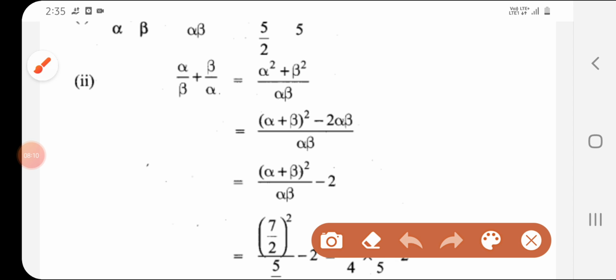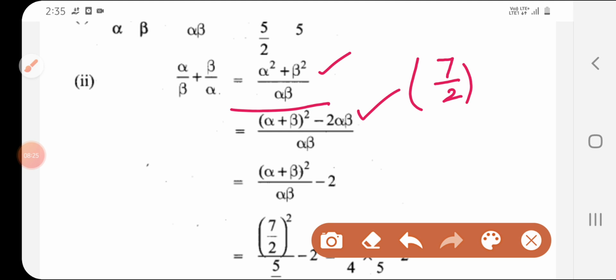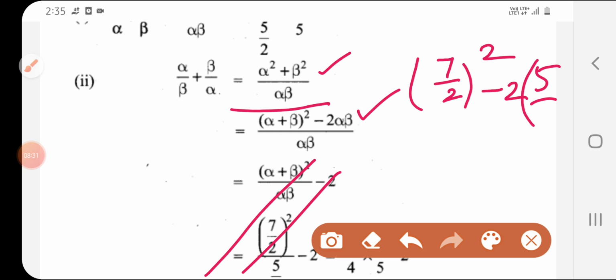Same like alpha by beta plus beta by alpha. As in the first question, we take the LCM and we get this expression. Next we have to use the formula: alpha plus beta the whole square minus 2 alpha beta divided by alpha beta. We know alpha plus beta is 7 by 2 the whole square. Don't mind this step, I am directly writing 2 into alpha beta, 5 by 2, divided by alpha beta, 5 by 2.